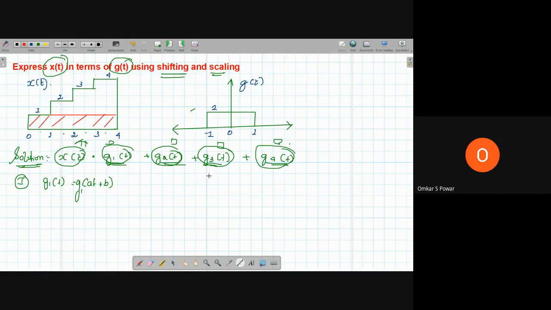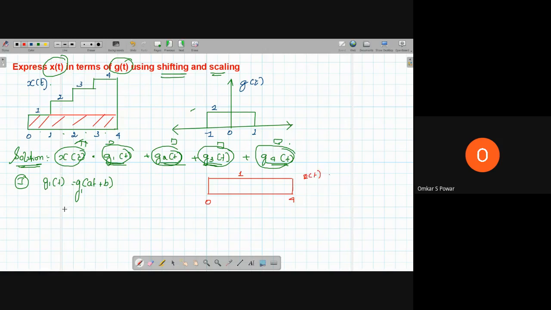In this first section, the values vary between 0 and 4 with a magnitude of 1, because I am taking only this part. This we have to express in terms of g of t.